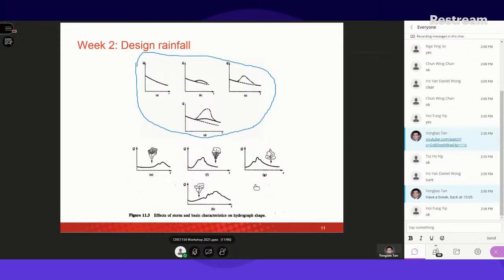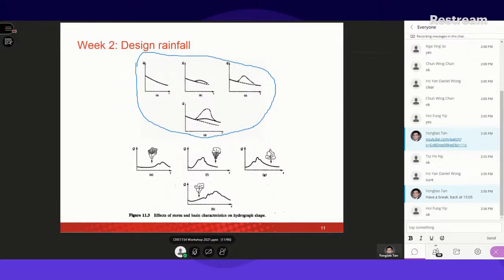So these four charts, these four curves, are actually showing the effects of the rainfall and also the basin on the hydrograph shape.